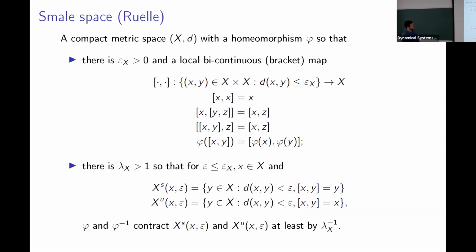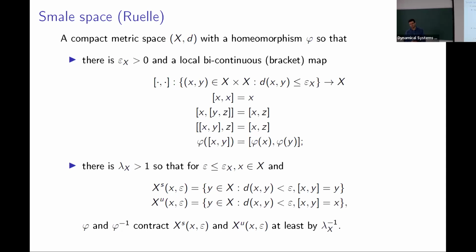Now, here I bombard you with a definition of a Smale space. It is what it is, but it works. Okay. The first time I saw that, I was like, wow, what's going on here? But a Smale space is really a compact metric space with a homeomorphism that allows you at every point to define coordinates. Okay, so you can find neighborhoods that decompose into two sets.